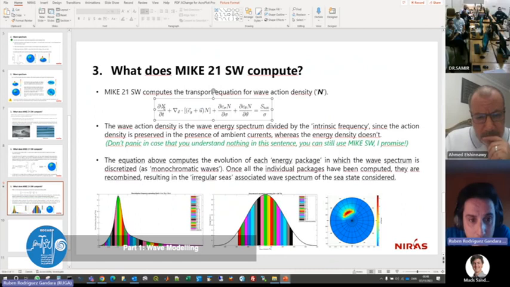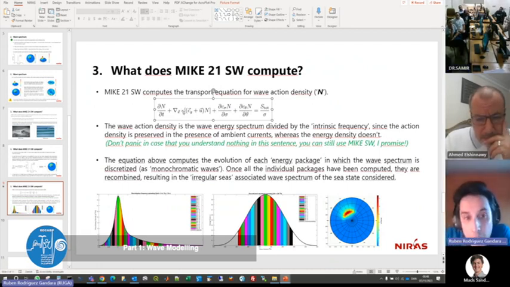For example, the first term tells you how that action density varies with time. The second term tells you how that little package of energy that Mike is modeling at the minute propagates within the domain, because here we have the group celerity and the current velocity.